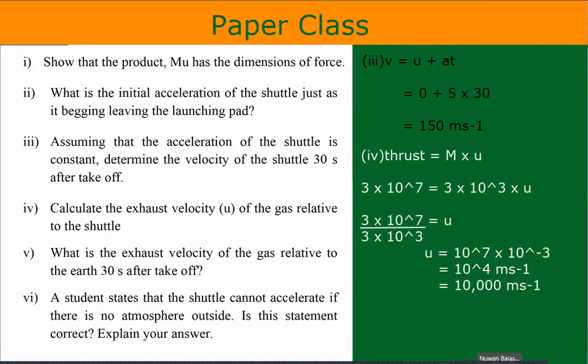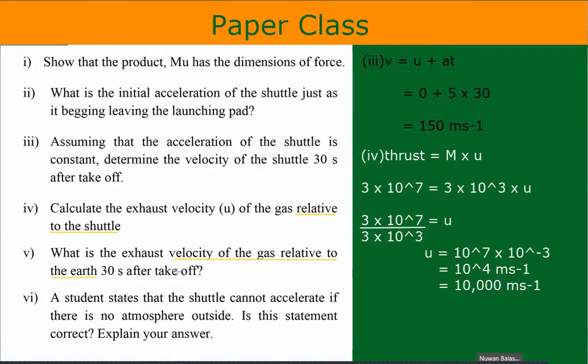In Roman number 4, they ask the velocity of the gas relative to the shuttle. In Roman number 5, they ask the velocity of the same exhaust gas relative to the earth. Got it? Can you see the two differences there?